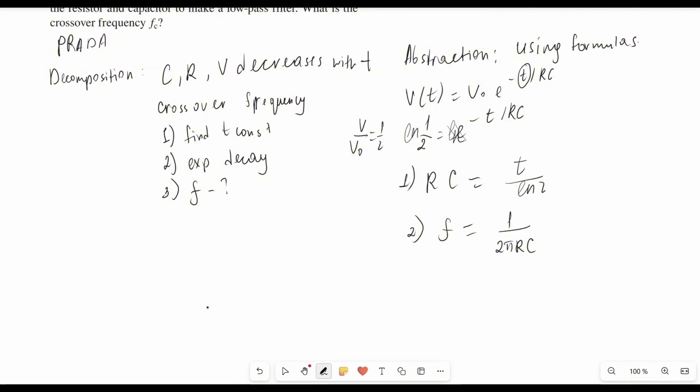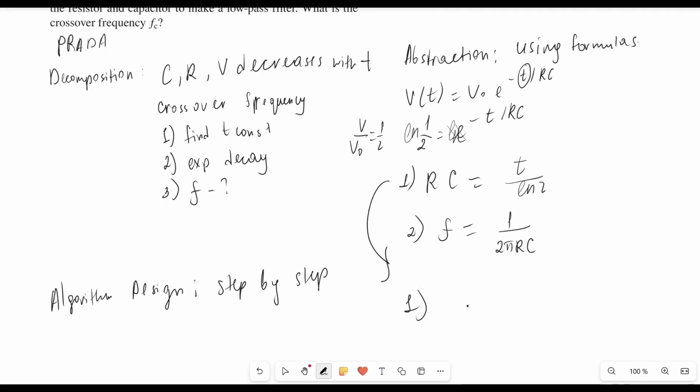Okay, algorithm design. Algorithm design means step by step solution. First step is to use half decay to find RC.